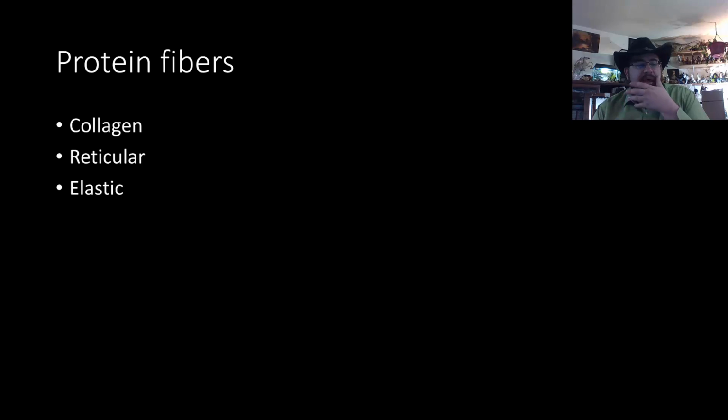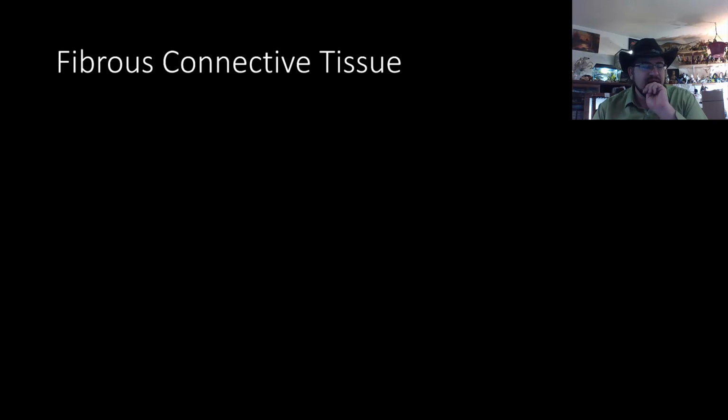So next up, again, we're still in general stuff, but we're finally starting our 4 types: fibrous, cartilage, blood, and bone, right? First up is fibrous connective tissue. Fibrous connective tissue has a type of cell in it called a fibroblast.